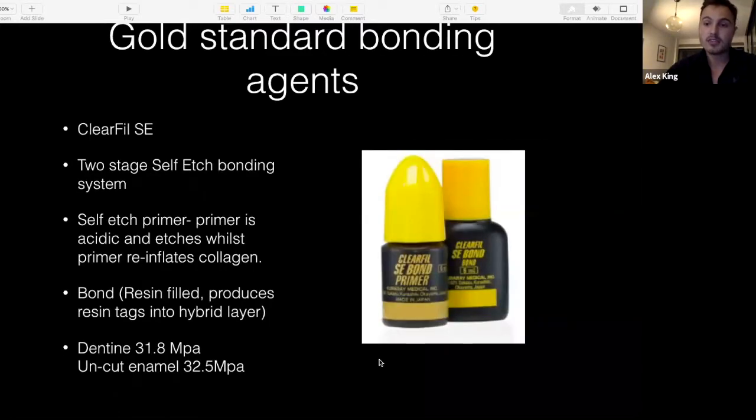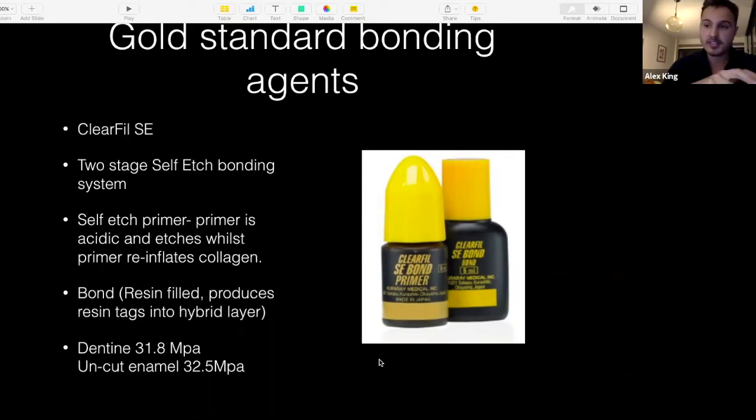Second is something called Clearfil SE. This is a 2-stage self-etch bonding system. I remember seeing something when I was revising a couple of years ago in dental school about 3-stage systems being better than 2-stage. I think that used to be the case, but now 2-stage systems have got a lot better, especially with Clearfil SE. Being a 2-stage self-etch, it's a prime and a bond, and the actual primer etches the dentine.